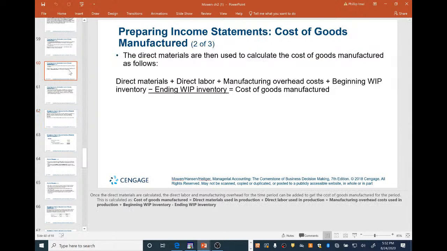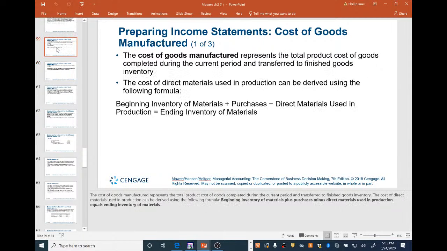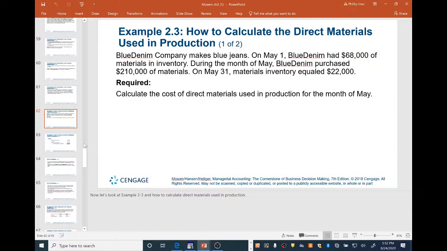Once again, there's the formula at the bottom, just if you want to glance at it one more time, and then I'll go back to the problem. Okay, here's the problem again.